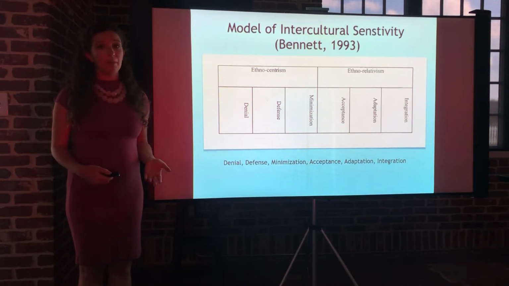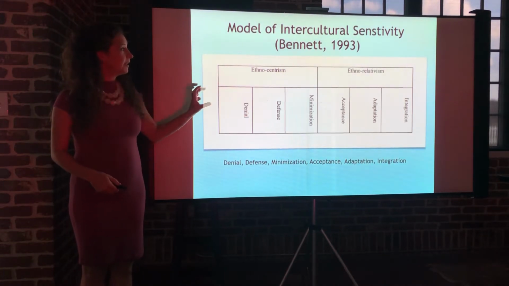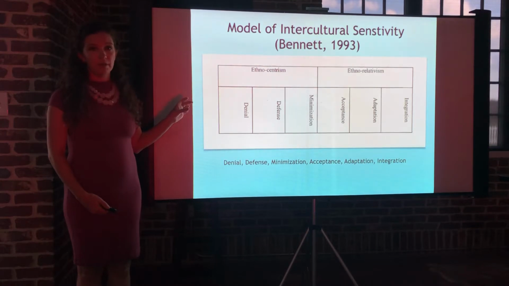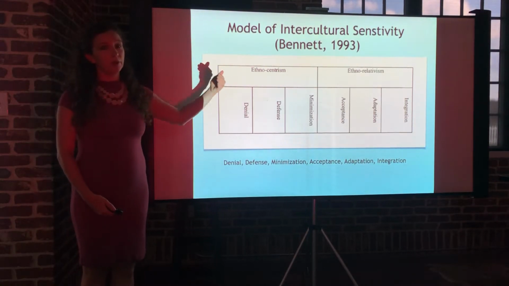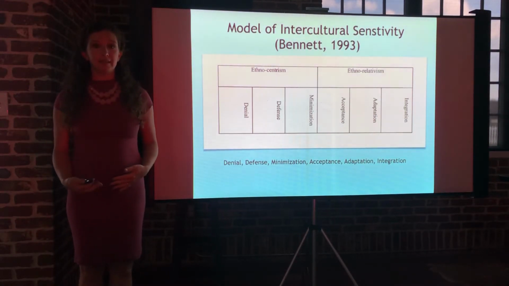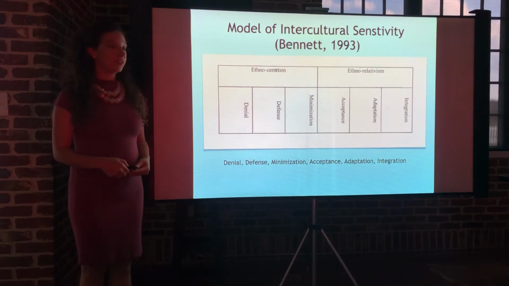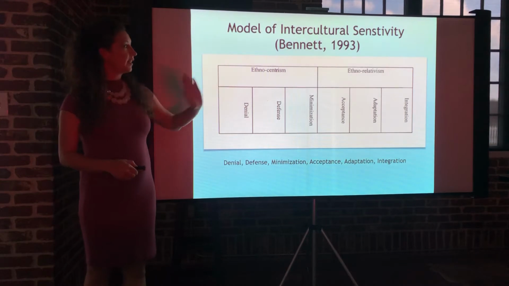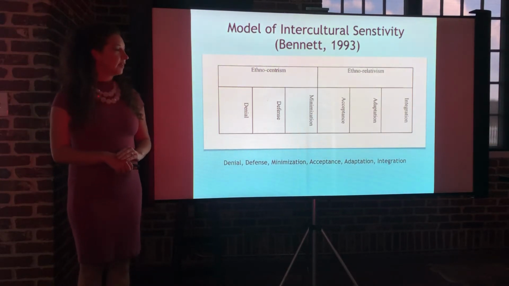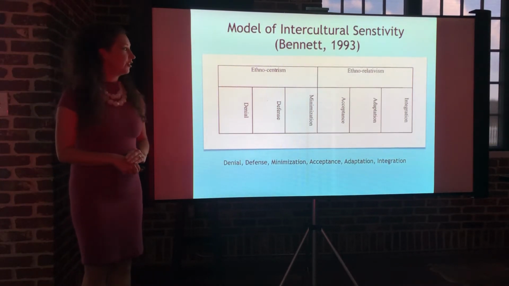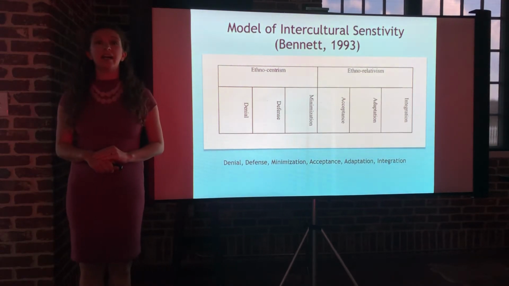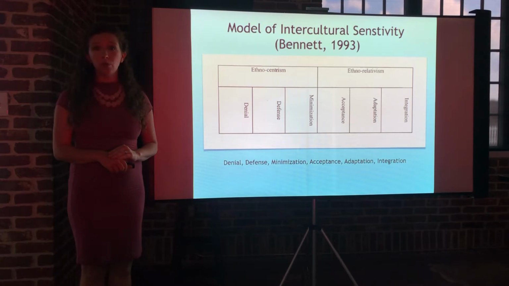Any individual might fit on a particular part of this continuum and can move forward or backward. Ideally, in this investigation, I'm hoping for individuals to be moving towards ethno-relative. Individuals in this stage have acceptance, adaptation, and integration when adapting to a new society or culture.